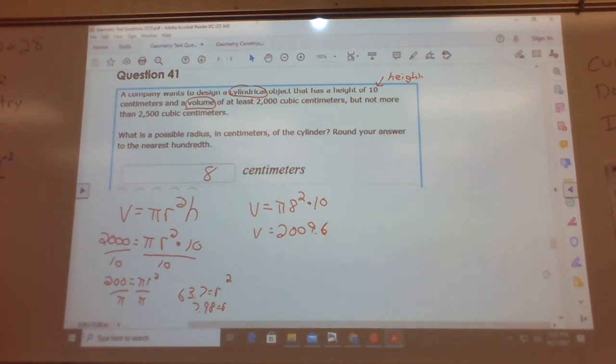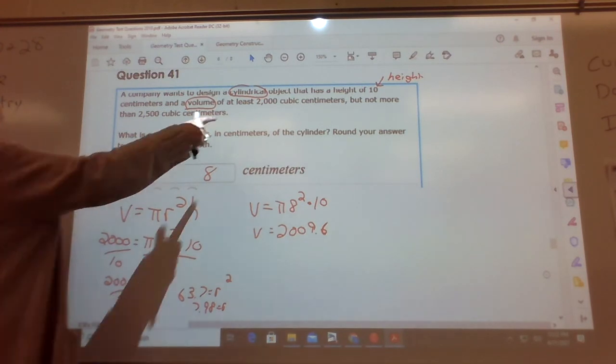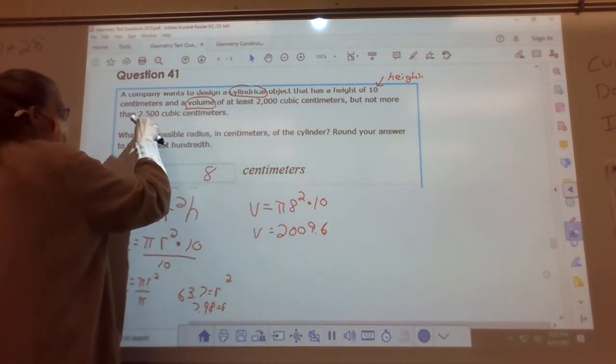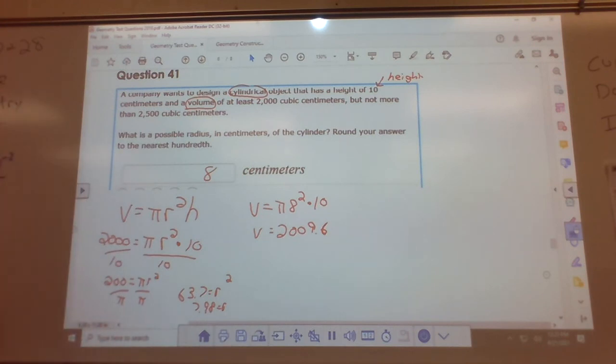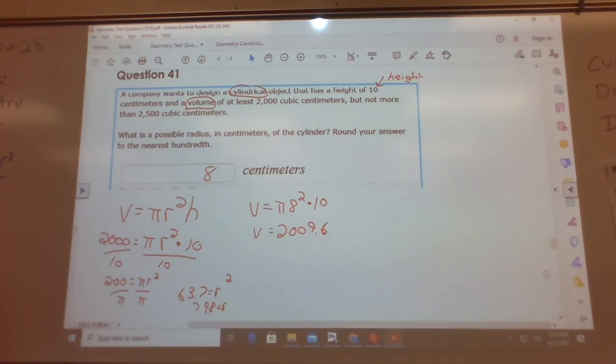So you just have to have a number that gives you something bigger than 2,000, but not as big as 2,500. That's what it's looking for. So there are actually lots of answers that can go there. You could have had 8.2, you could have 8.7. You could have anything up to, trying to remember how big it could go.